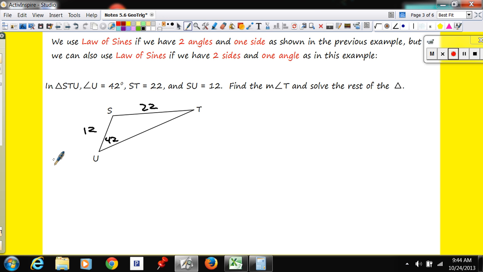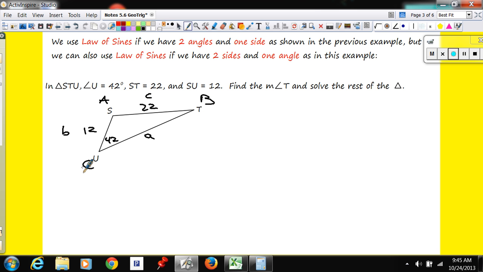Now you can always relabel these A, B, and C if you're comfortable. If you want this to be A, and this to be B, and this to be C, so you kind of know which one is which, that means that this would have to be little c up here, this would have to be little b, this would have to be little a, and you could then use your law of sines and cosines.